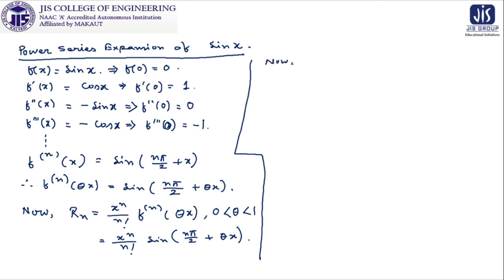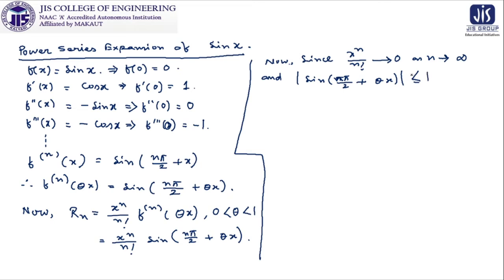So now, since x to the power n by n factorial tends to 0 as n tends to infinity, the same logic applies over here, and the part associated with this, that is sin(n pi by 2 plus theta x), its modulus is less than or equal to 1, because the range of sine is between -1 and 1.